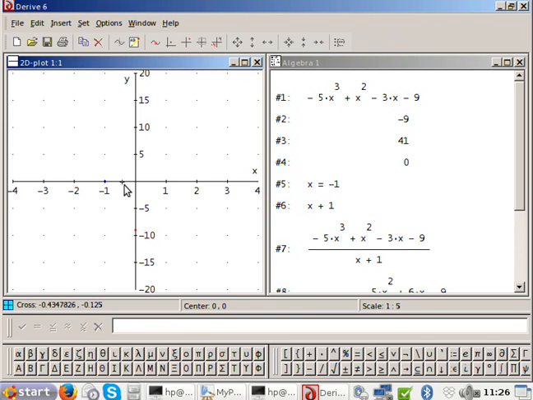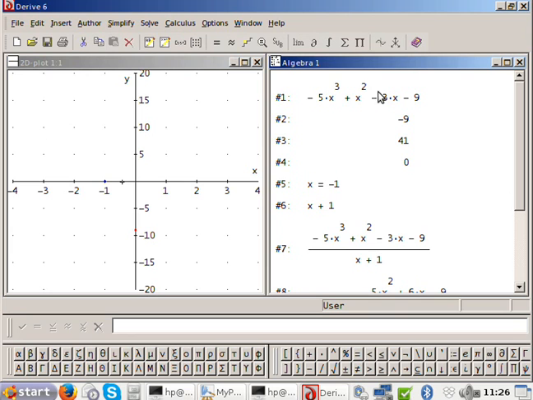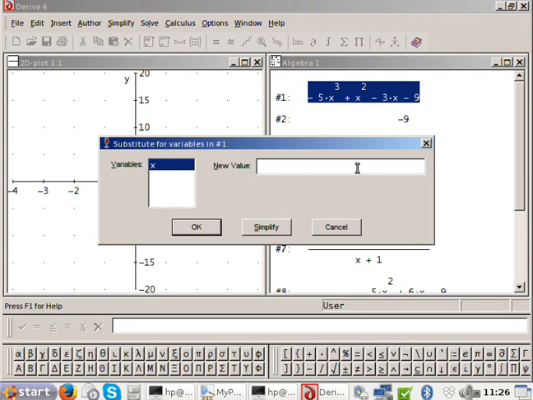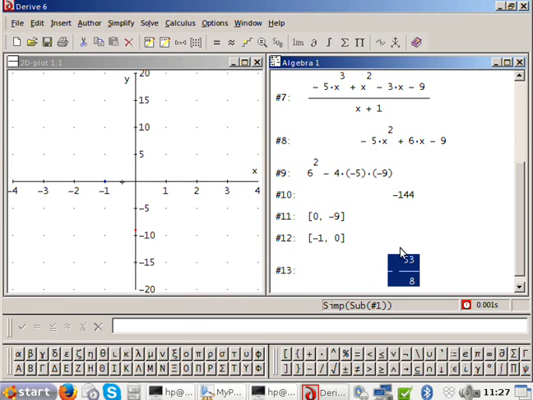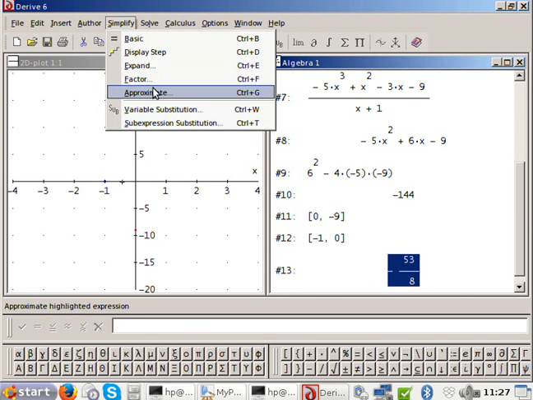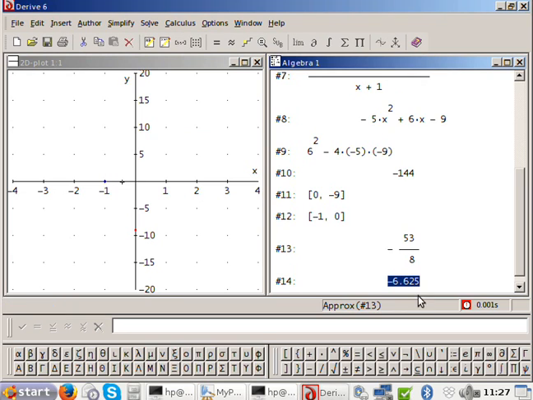Well, what about minus 0.5? Just put it in the equation. Yeah, let's use minus 0.5. And I get this number, minus 6. It's just me picking a number here to see where my graph is.